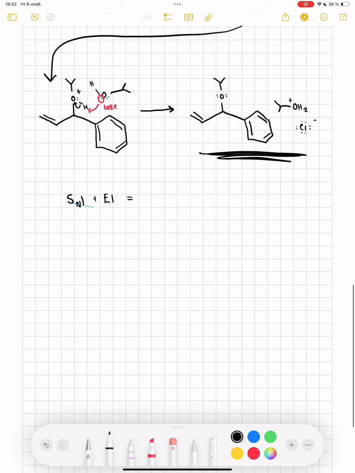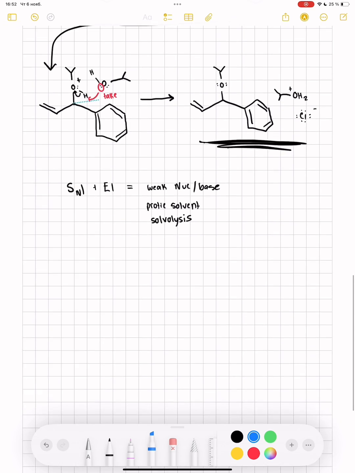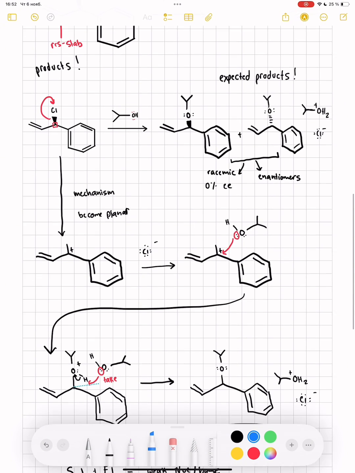If I compare SN1 and E1, we have weak nucleophiles and weak bases. And then we also have product solvents, and the two can undergo solvolysis. So when doing this, I'm going to show you how I eliminated E1.